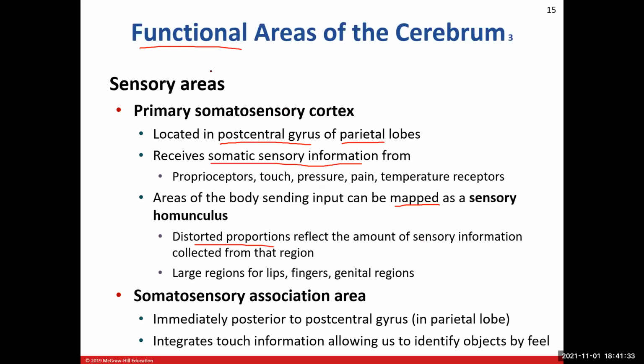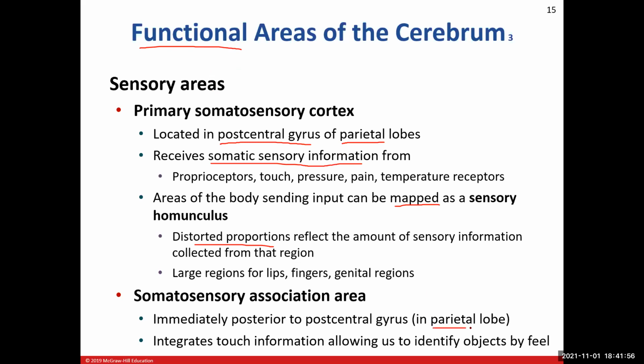All right, so the next sensory area I want to talk about is the somatosensory association area. We saw how the primary motor cortex had its association area. Well, our somatosensory association area is going to be in close proximity to our primary somatosensory cortex.